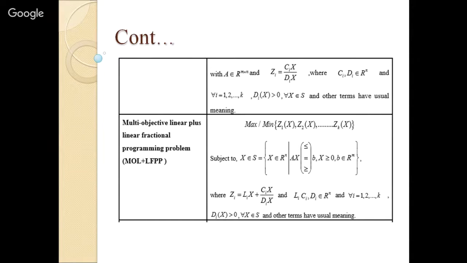Then multi-objective linear plus linear fractional. Again, it is an extension of this. We have multiple objectives. Now see, the objective functions are linear plus linear fractional. A linear part is added to this. Linear function plus fractional part.